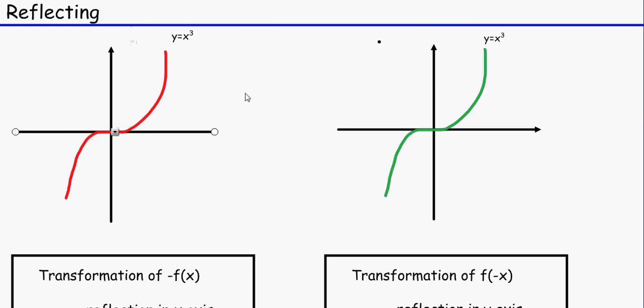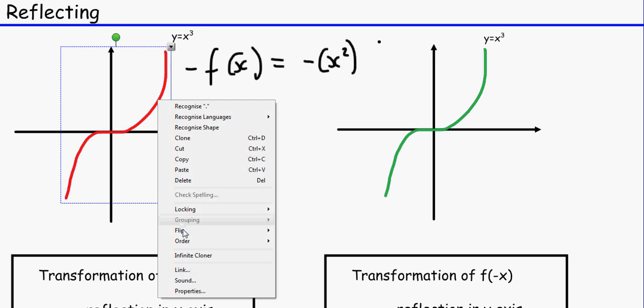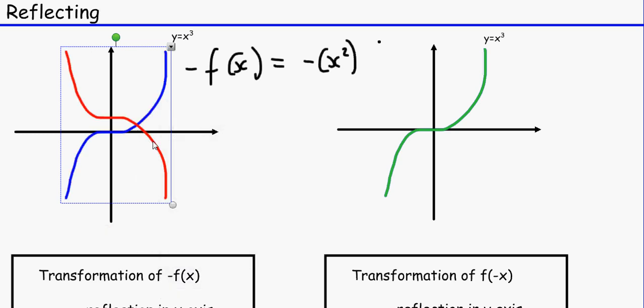If we wanted to reflect y equals x to the power of 3 in the x-axis, we would write it as minus f of x equals minus x cubed, right? And that will be reflected in the x-axis. So it would actually be reflected over here, and if I can flip it, it would look like that.